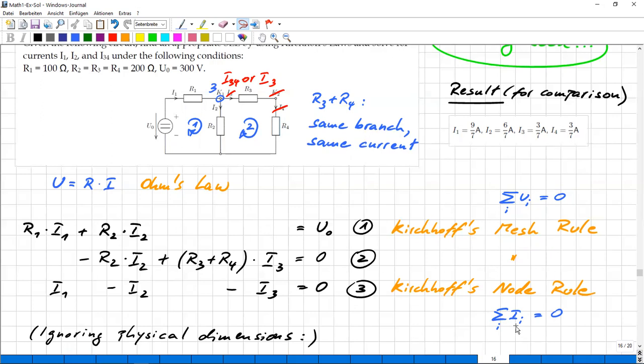The convention here is what flows in counts positive and what flows out counts negative. If you look at this node K1, you will recognize that I1 flows into it, while I2 goes out of it, and I3 also goes out of it.